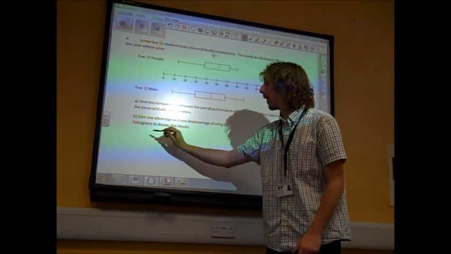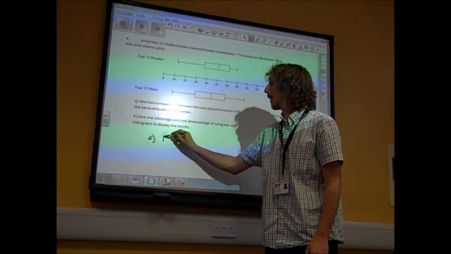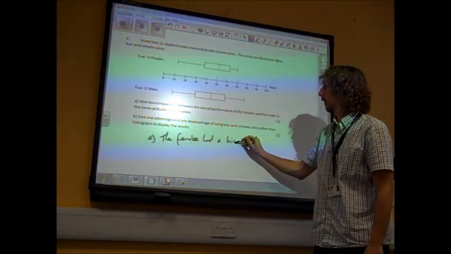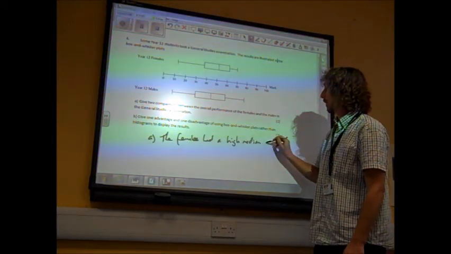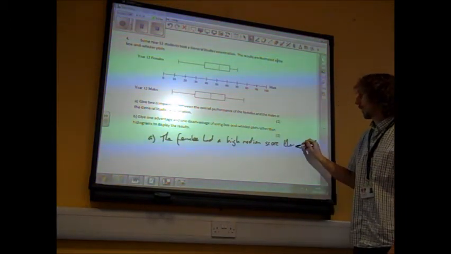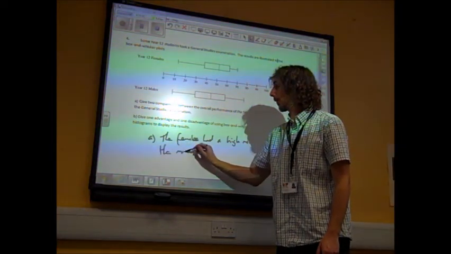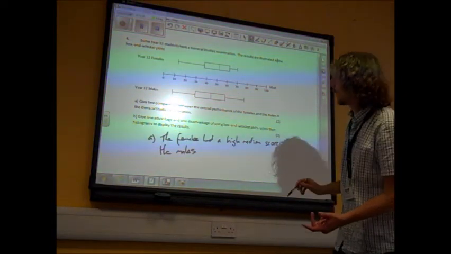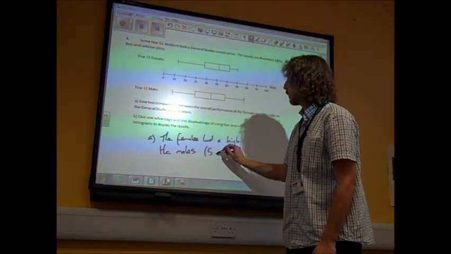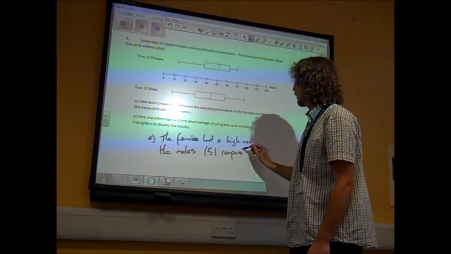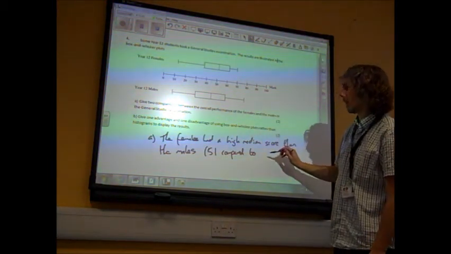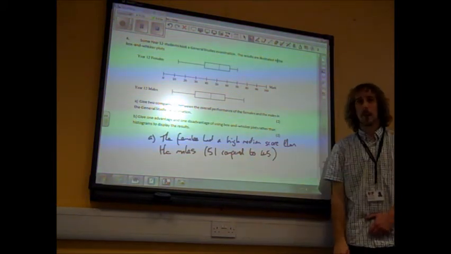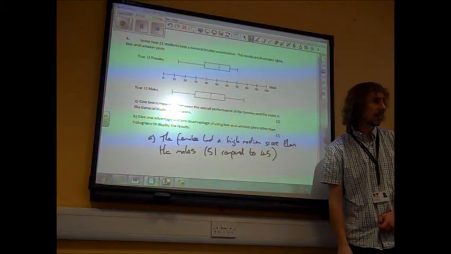It's going to be a comparison, so we're going to write the females had a higher median score than the males, because remember we're doing a comparison, and we could try and give some figure, so that's round about 51 compared to the males, which looked about 45. Something like that.